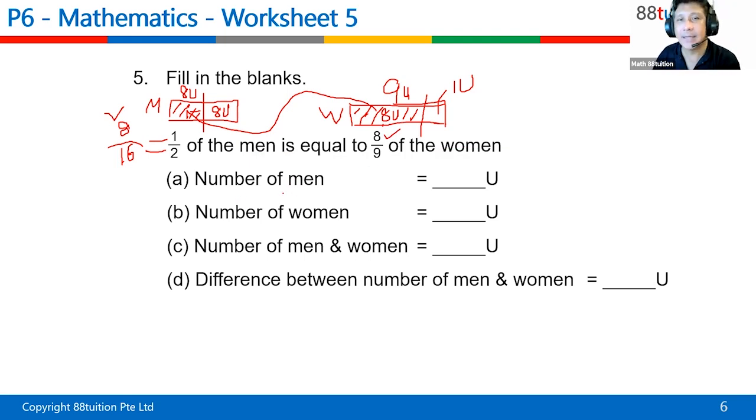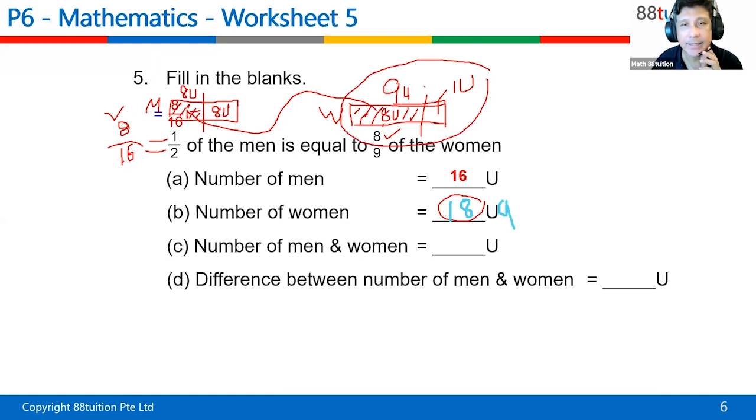Therefore, number of men, just now Rose has actually given the correct answer, but I think she cleaned it away. So 16 units is correct. But women actually, Rose, this is where you made a mistake. It is no longer 18 units. You notice we didn't change anything about the women. The total is still 9 units.